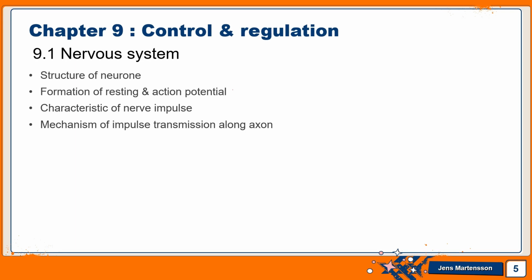You all know the neuron has one part called the axon, right? The nerve impulse normally will transfer along the axon, but you have to know the mechanism of how the nerve impulse transfers along the axon.